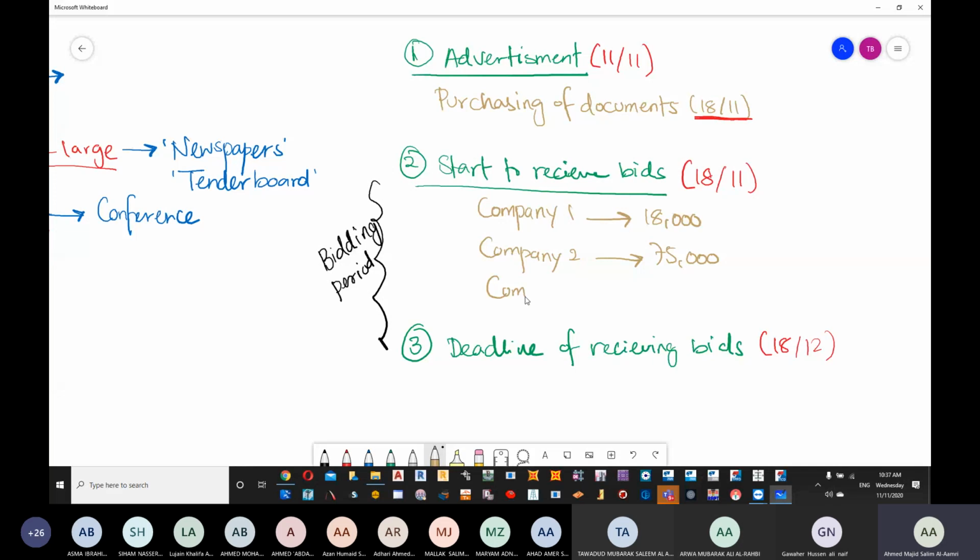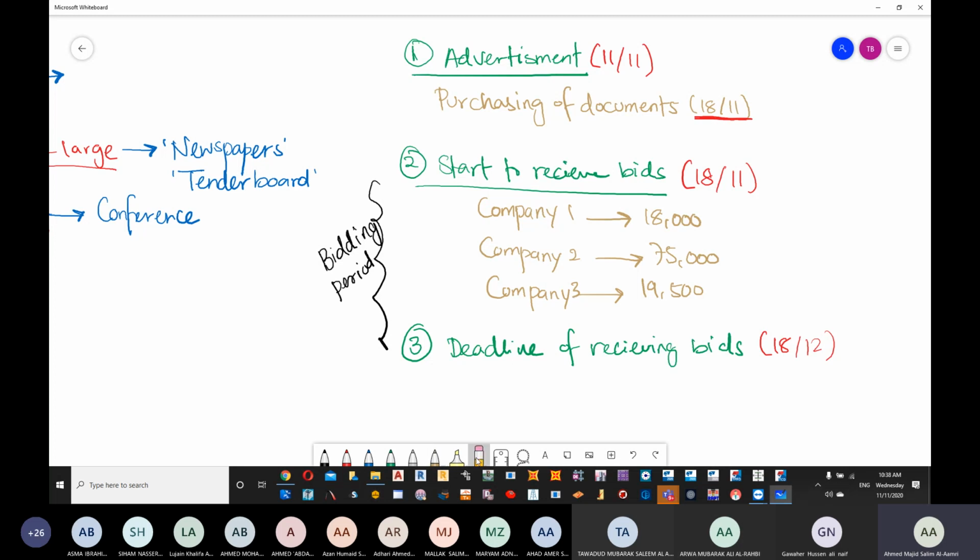Company number 3, they offered me 19,500. Once again, I have received 3 offers from 3 different companies.